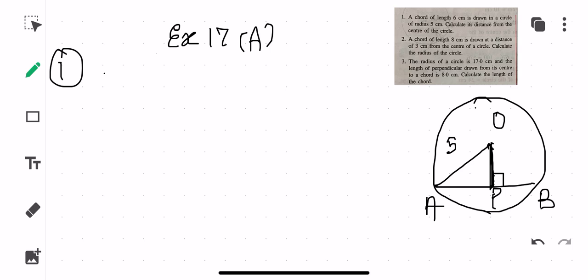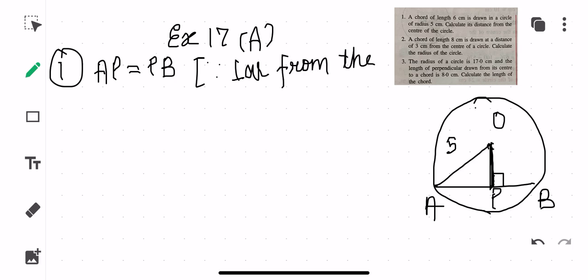Then you will be writing that AP is equal to PB. And here you have to specify that since the perpendicular from the center to the chord bisects the chord.